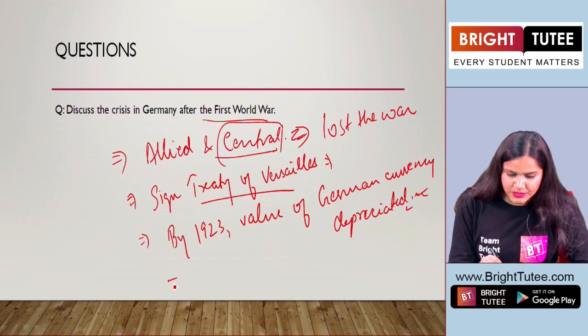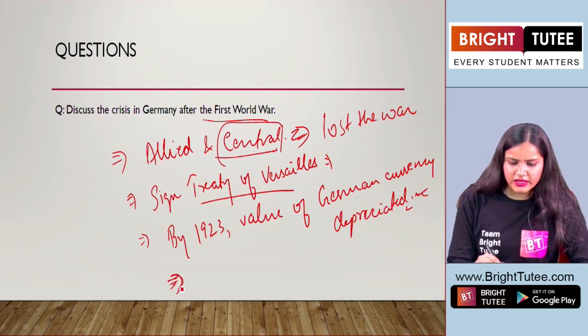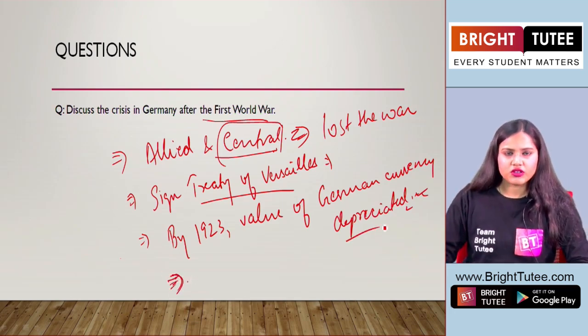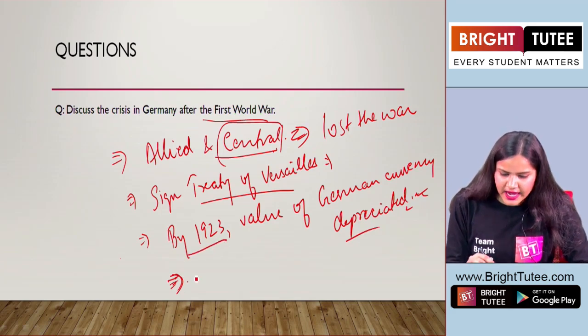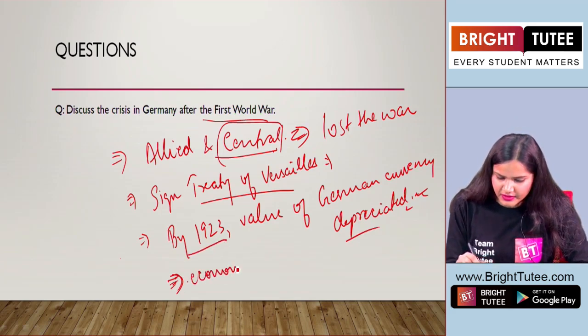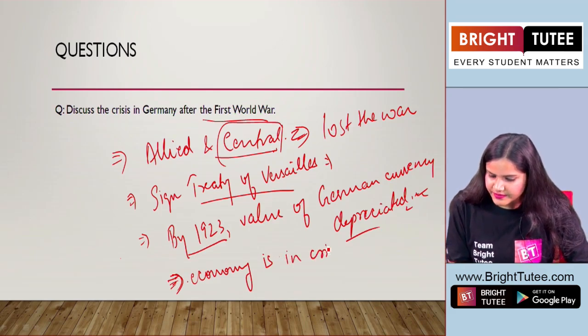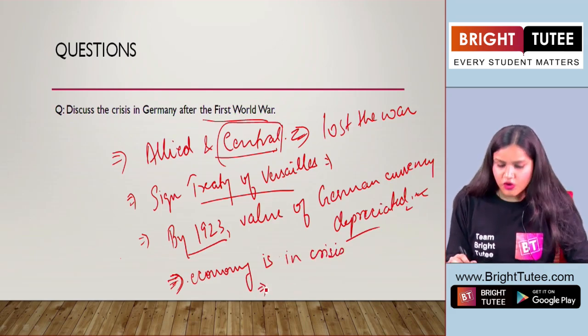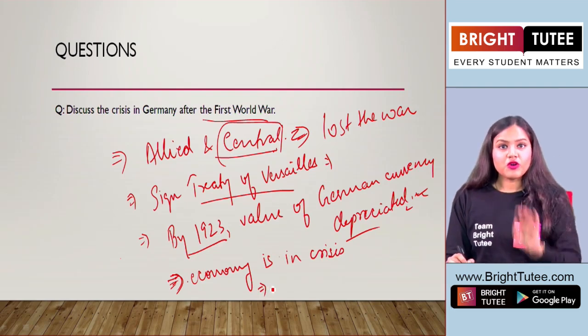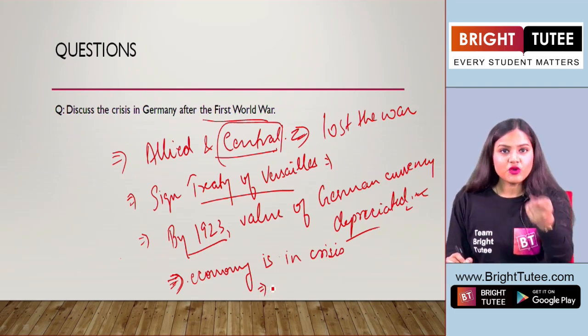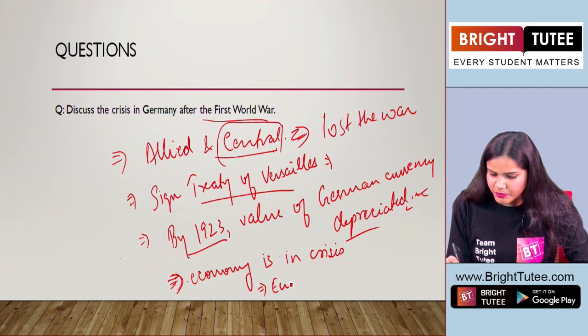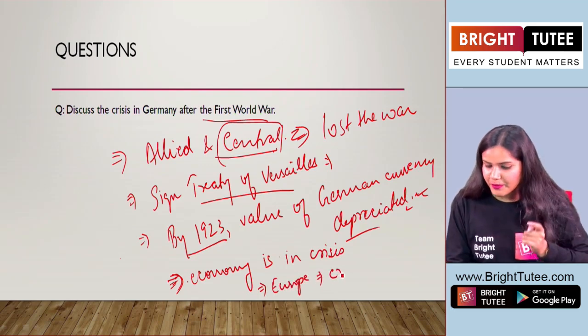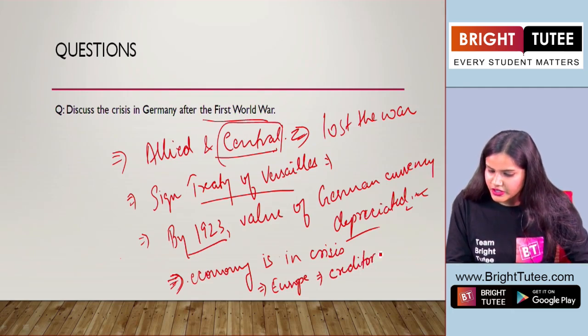This was as per the American dollars. So here we see that the economy is in crisis. Also, after the First World War, one important change that I told you happened was that Europe transformed from being a creditor to being a debtor.